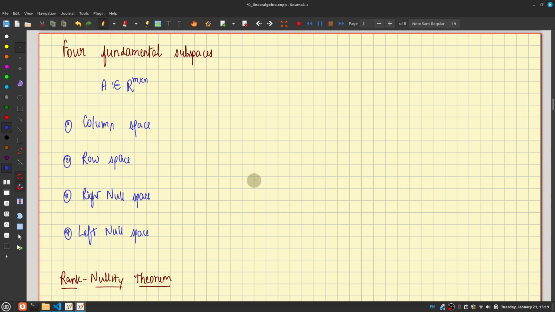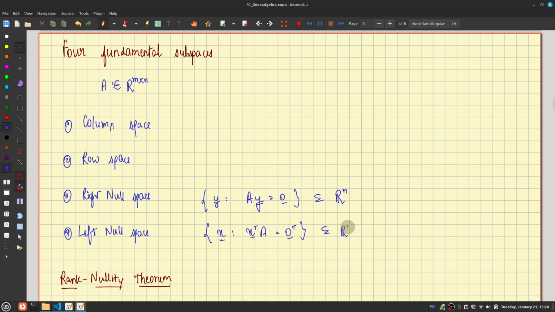The right null space is the set of all vectors y such that A times y is equal to the 0 vector, which is a vector subspace of R^n. And the left null space is the set of all x such that x transpose A is the 0 vector, which is a vector subspace of R^m. Or in other words, you can think of the left null space as the right null space of A transpose.